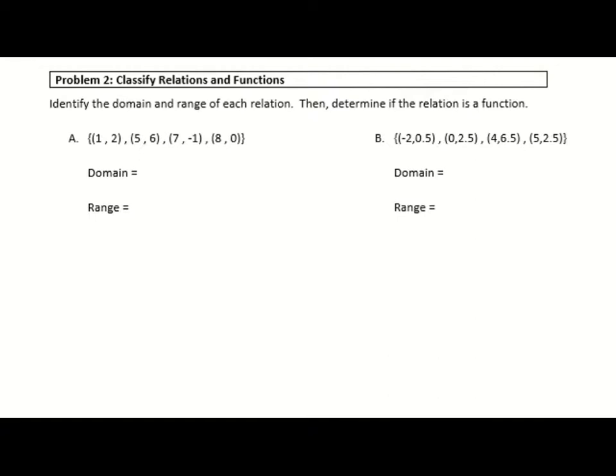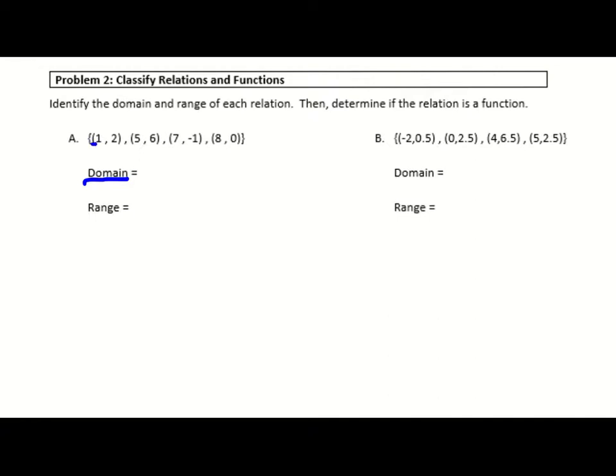First thing we're going to do is read the directions. It says identify the domain and range of each relation. Then determine if the relation is a function. So the first thing I need to do is identify my domain. My domain of a function is always the x values. It's the first number in a set of ordered pairs.